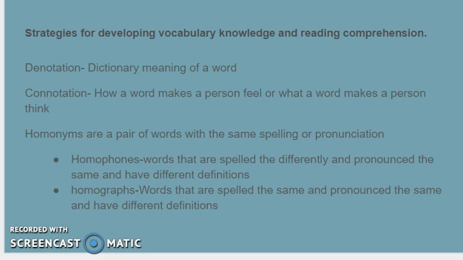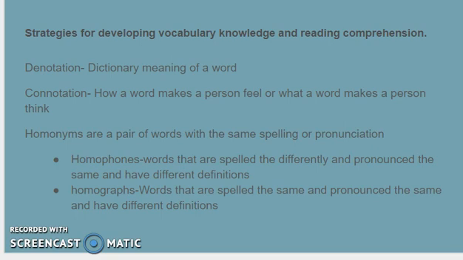So, two: T-O, T-O-O, and T-W-O. One means also, one means going towards something, and then two, the number two.